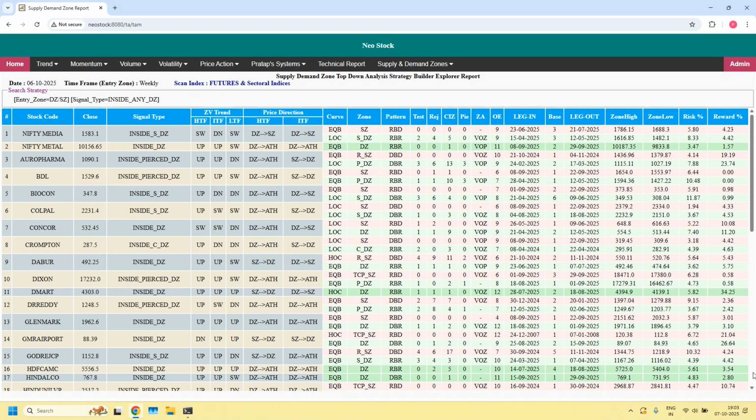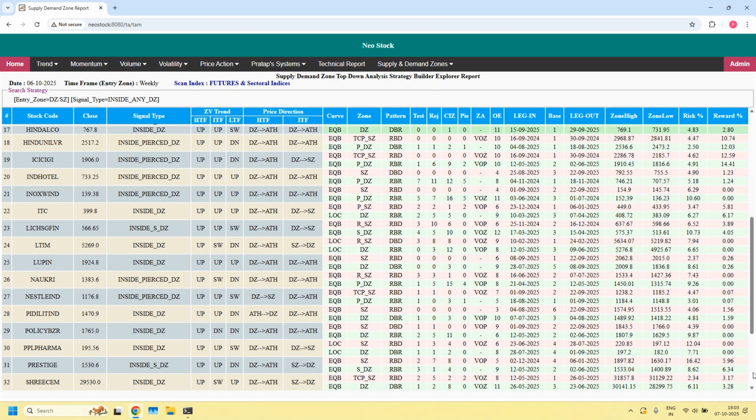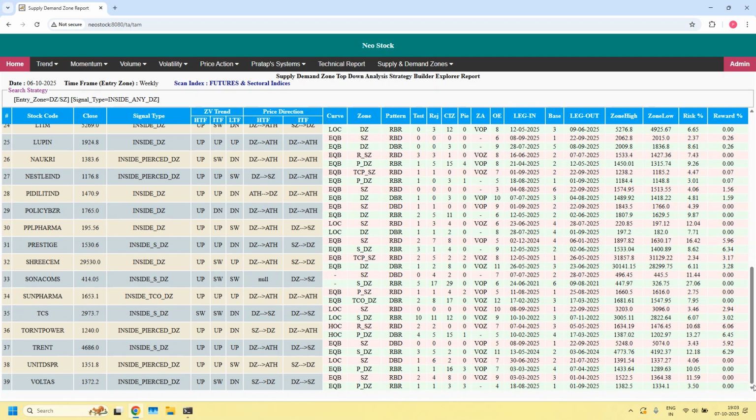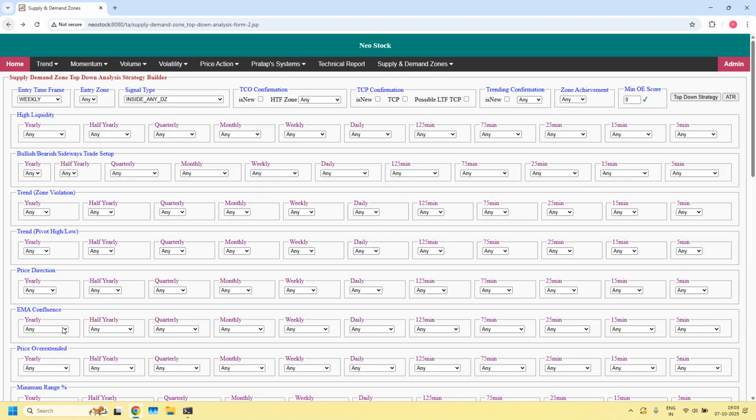First 17 stocks in the list. Scrolling the list down, total 39 stocks. We can further filter this list based on the weekly demand zone having weekly EMA confluence, and also the trend on the weekly should not be sideways.